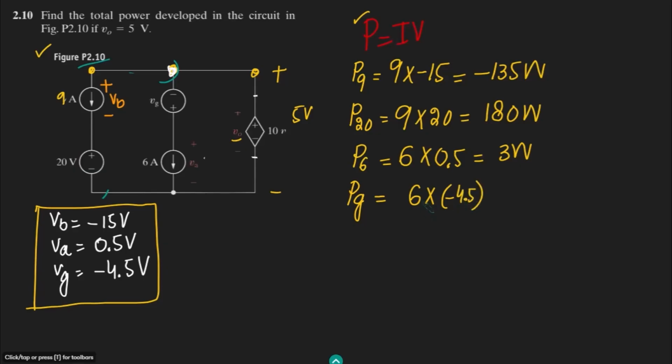Okay, one thing you have to keep in your mind here, that if this one is minus 4.5 and the value here is 0.5, then if we apply KVL here, we will see that the value here would become minus 4, which is not possible because of this 5 volts.